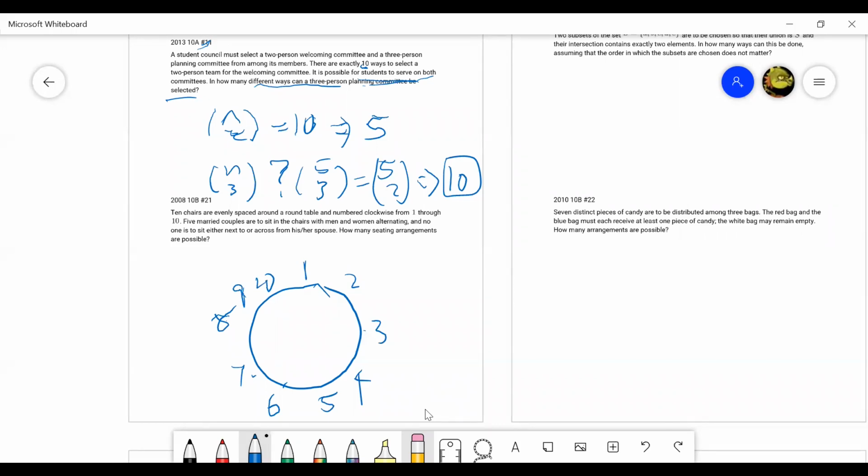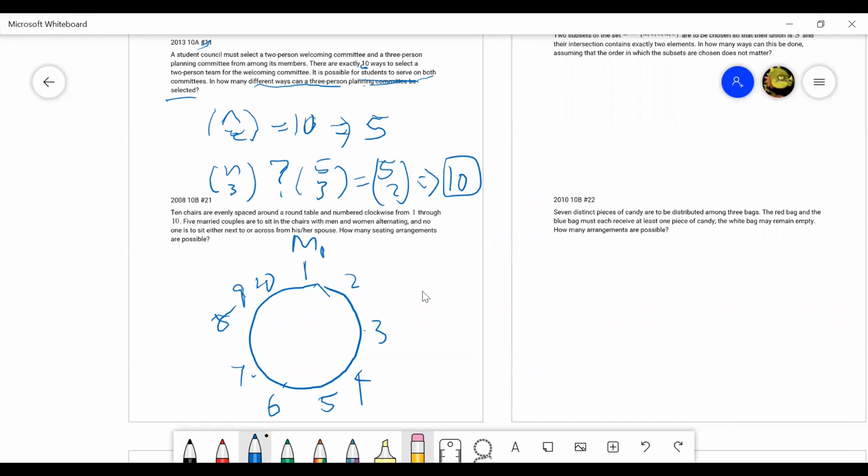So let's say we choose a seat for one person to start off. This is going to be a unique person, obviously. So let's say there's some guy, M1. He's the first person, and he just happens to sit at seat 1.